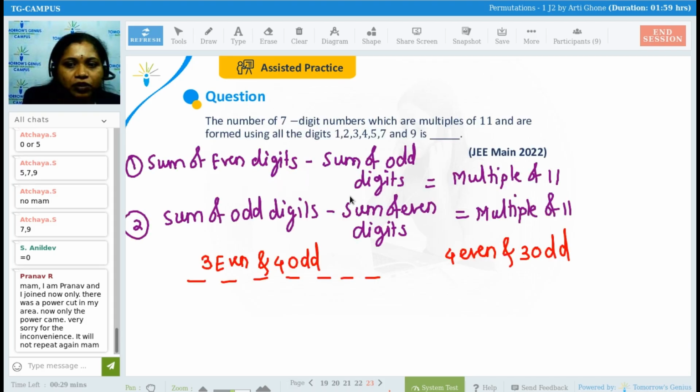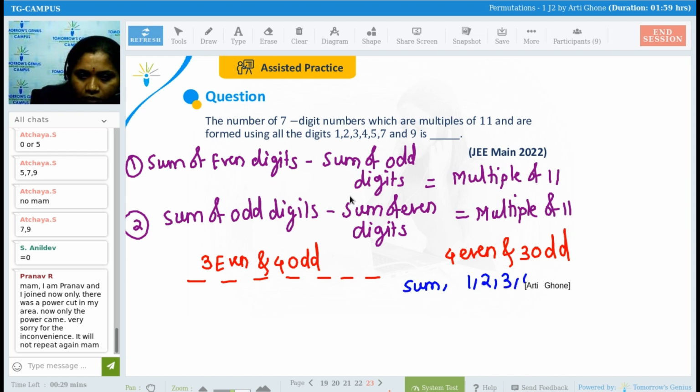Now, what is the actual sum given for our digits? Add this one. Take a sum. 1 plus 2 plus 3 plus 4 plus 5 plus 7, sorry, 6 is not there. What is the sum of these numbers? Do it and tell me in the chat box.